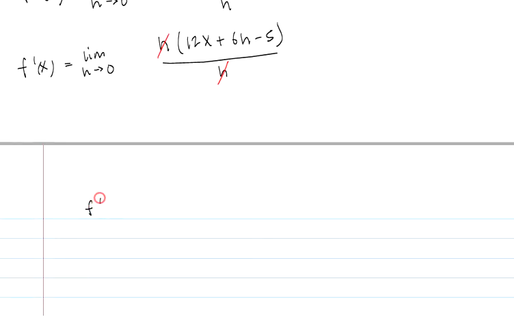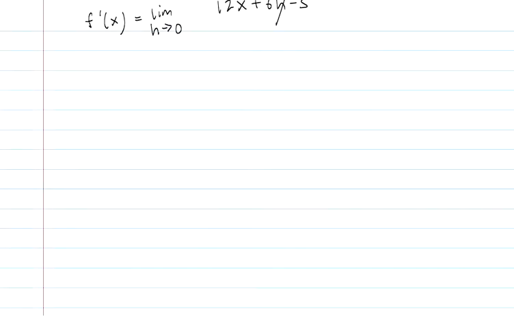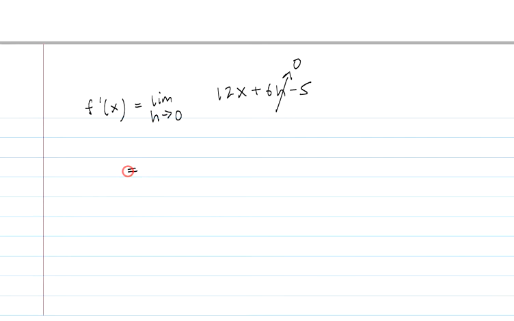We have f prime of x equals, so the derivative of f equals the limit as h tends to 0 of 12x plus 6h minus 5. And we're almost done, so hang in there. At this point, if we let h tend to 0, then we are left with, so at the point that we're letting h go to 0, we can forget about the limit part of the formula, because we're accomplishing that right now.